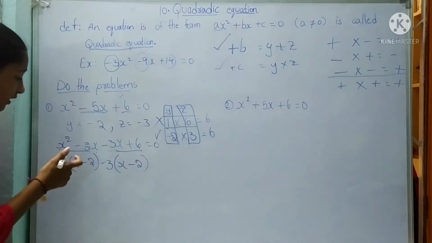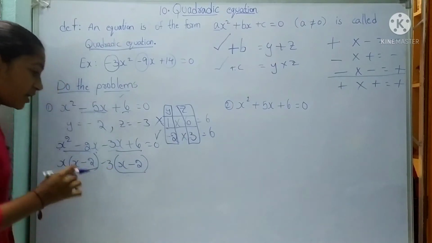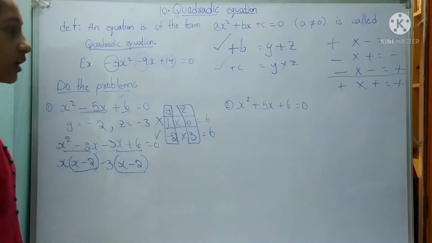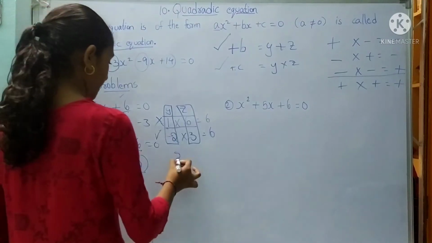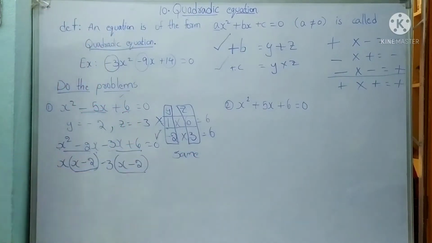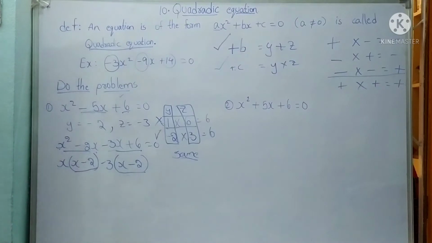Here the x minus 2 would be the same. In every equation, the x minus 2 would be the same, then only your answer is right. So here the 2 are the same, right? So that's why it is the right answer. So now let's see here.